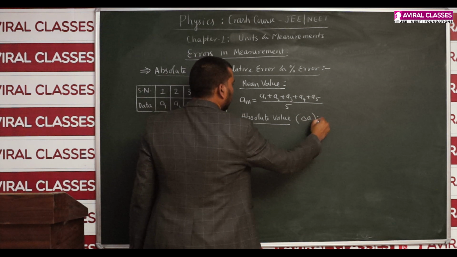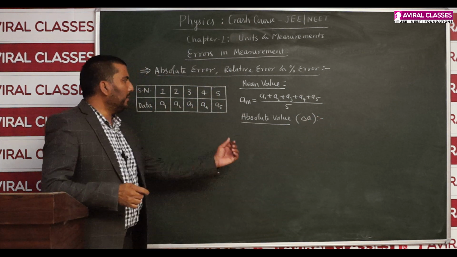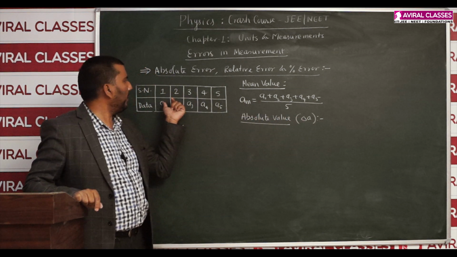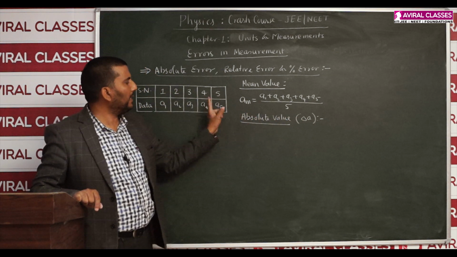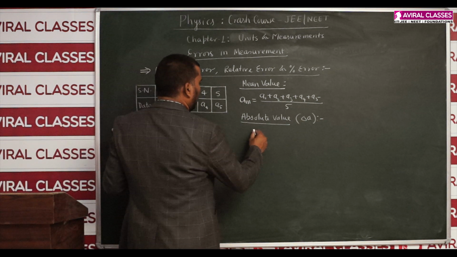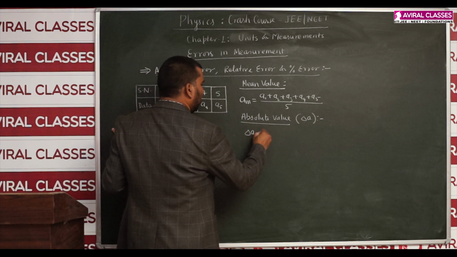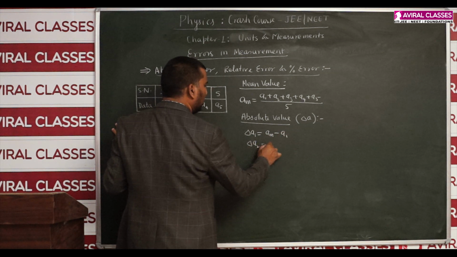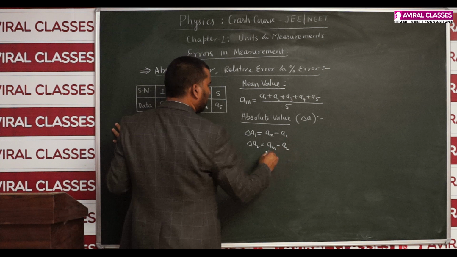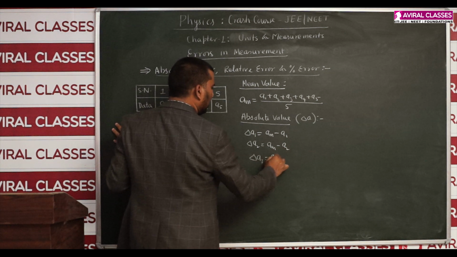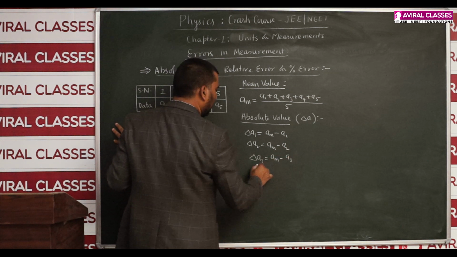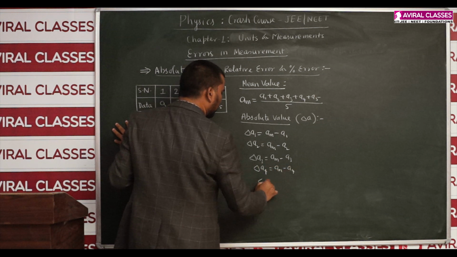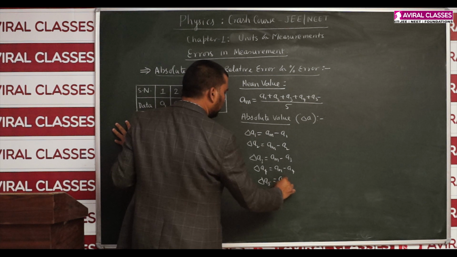Delta A. Absolute error is basically the difference between the mean value and the individual value. So absolute error of 1 is mean minus A1. Absolute error of 2 is mean minus A2. Absolute error of 3 is mean minus A3. Absolute error of 4 is mean minus A4. Absolute error of 5 is mean minus A5.